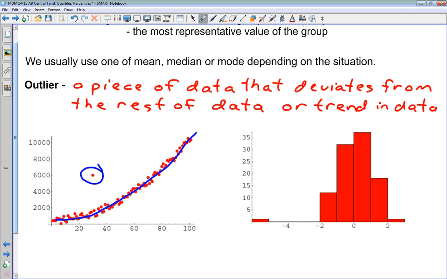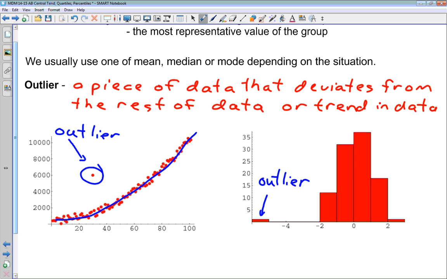This one right here is our outlier. Now, in our histogram, over on the right-hand side, we've got a nice little symmetric distribution, and then we've got this one right over here. This is our outlier, way down here, it looks like -6 or something like that.